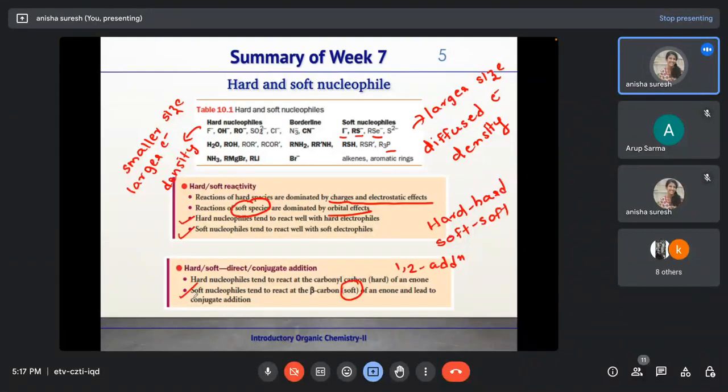So conjugate addition takes place where the orbital interaction is favored. Soft nucleophiles favor orbital interaction, hence they undergo conjugate addition, and hard nucleophiles give rise to the 1,2 addition product. So this is all about hard and soft nucleophiles. Is this clear?